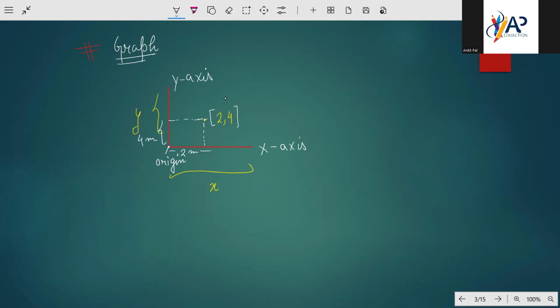Suppose that another point is this. If we say this 2 meter is x1 and this other distance is x2, same.